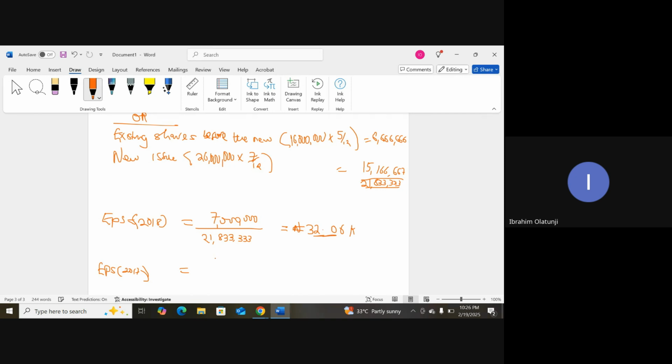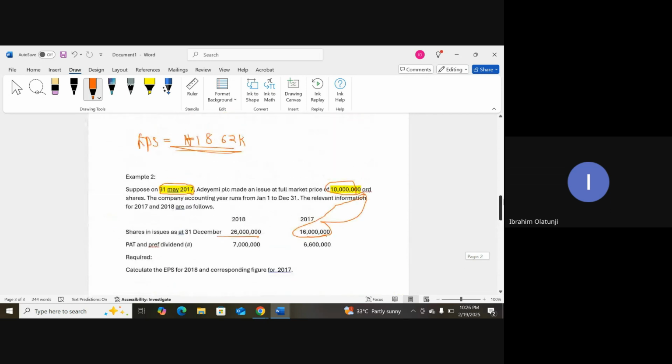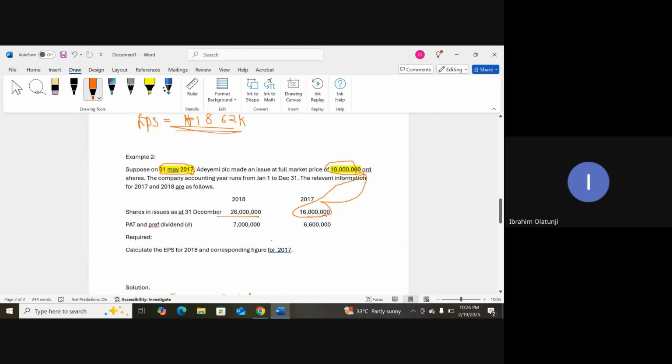Then EPS in 2017, 6,600,000. So you now go back to your question. That's the only logic that is here. The issued shares in December is 16 million.